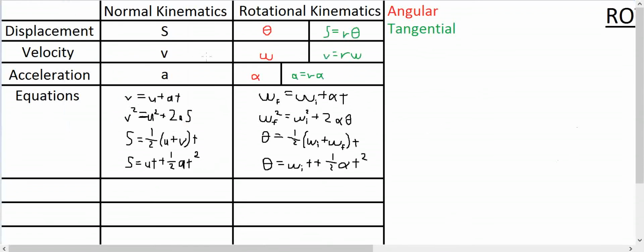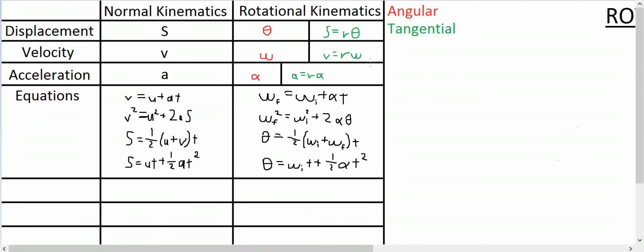Okay, so I've added these in, and one thing I forgot to mention just now is that tangential acceleration, when represented as a vector, is like the tangential velocity vector. It's a straight line sticking out from the ball or whatever is rotating.